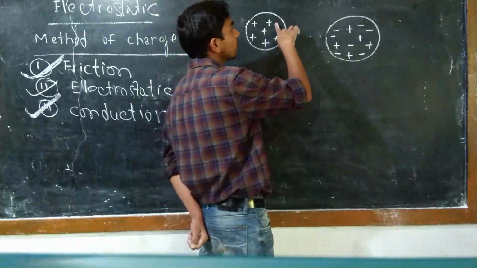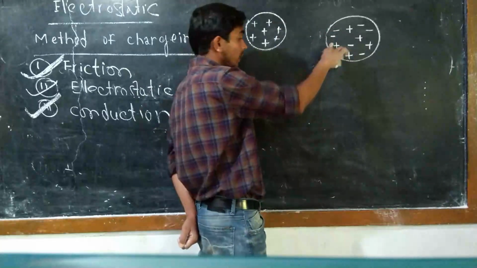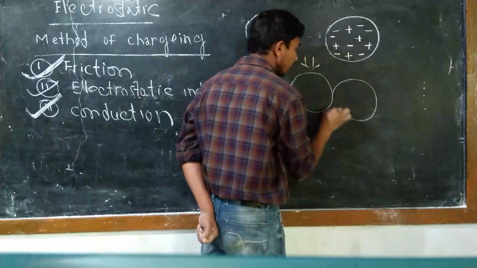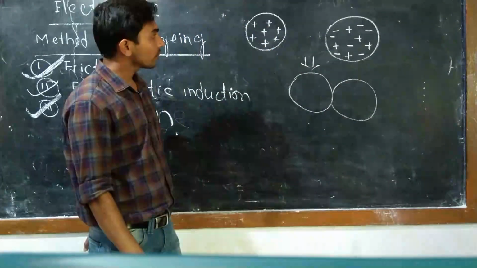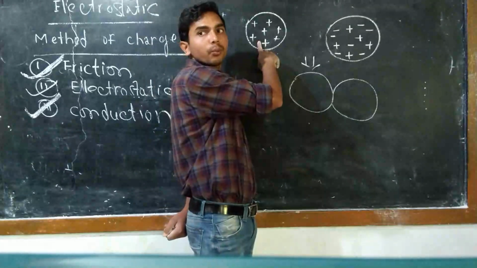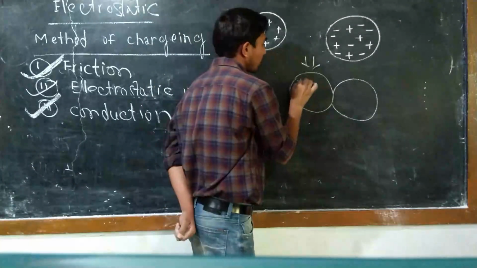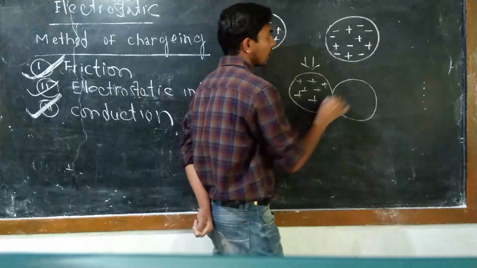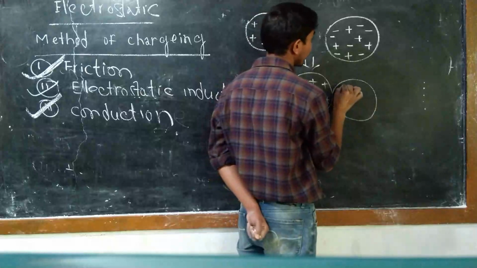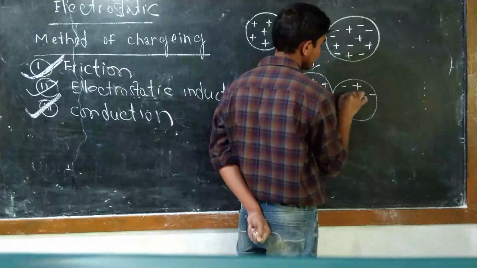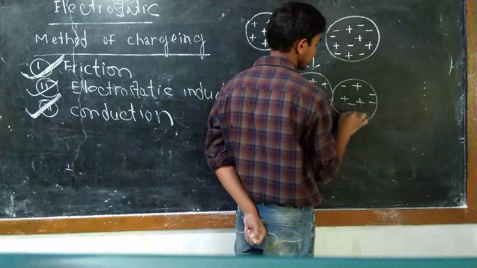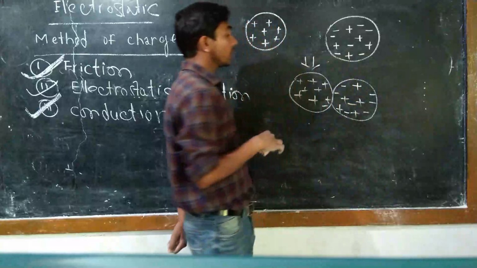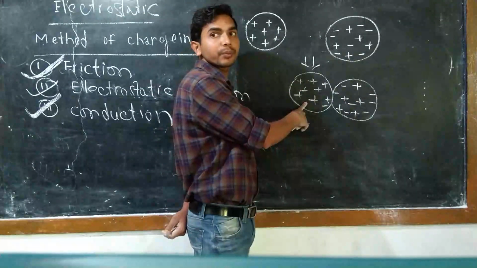As I bring this body in contact with this one, what is going to happen? See, this one is having positive charge, so I am making the figure like this, and this one is having both positive and negative charges.